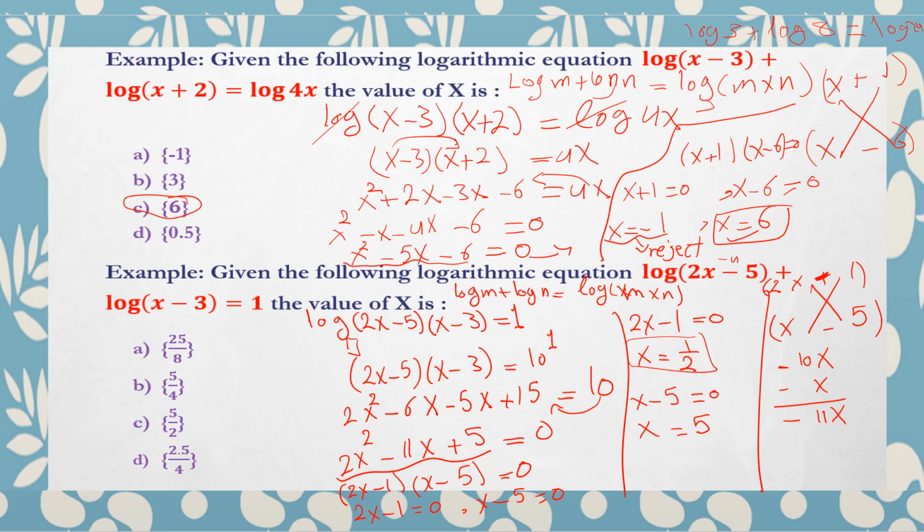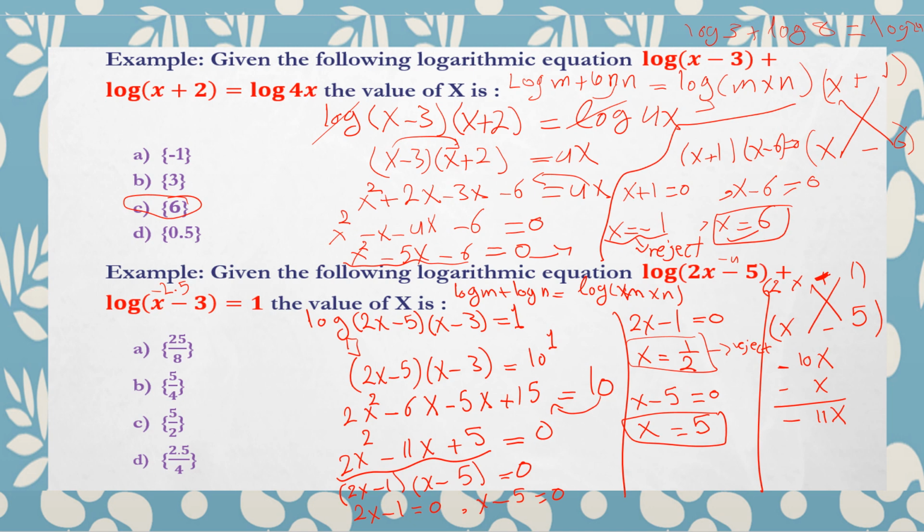And also a half minus 3 also gives a negative value, minus 2 and a half, and also there is no logarithm for any negative value, so we reject this value of x, and we accept x equals 5.